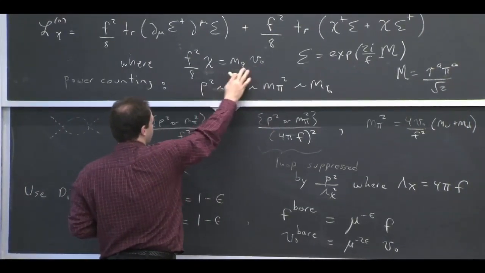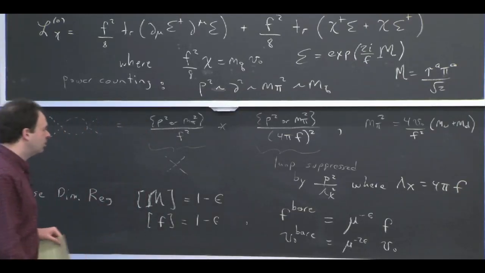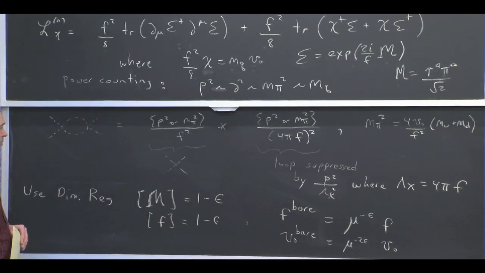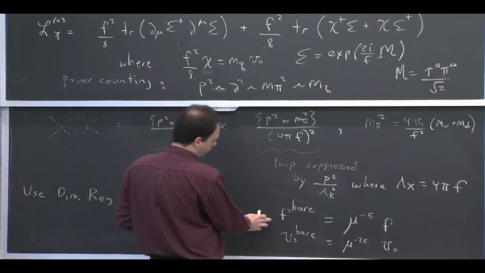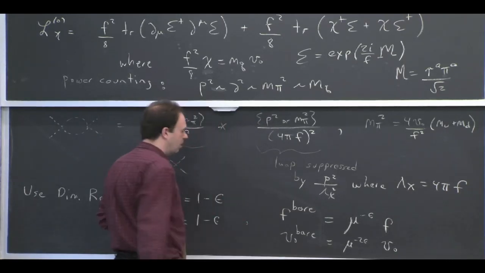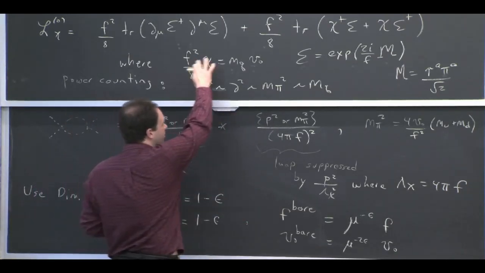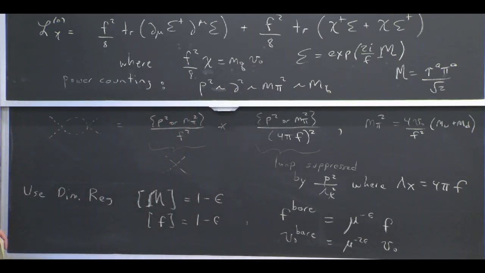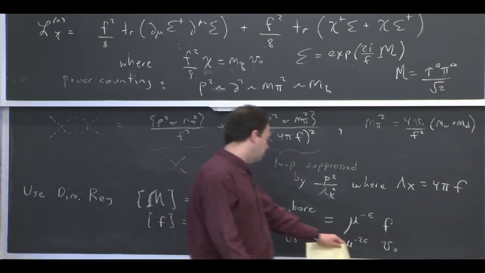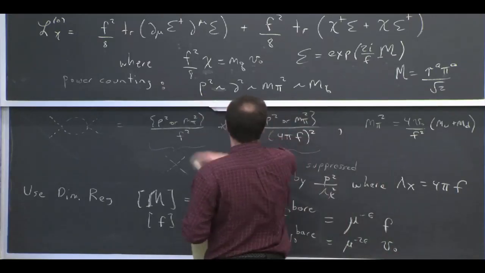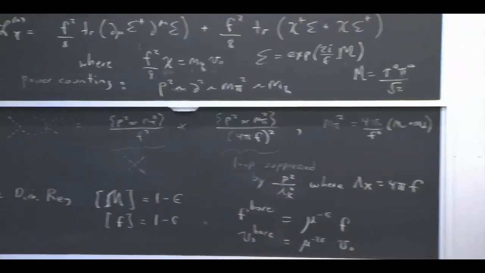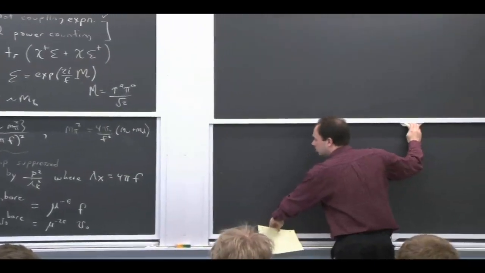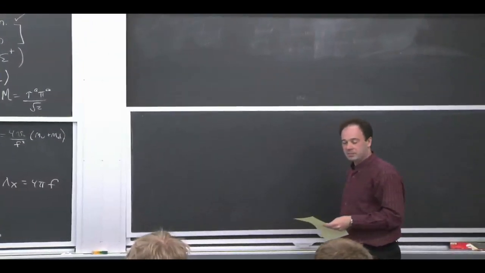Chi is absorbing the parameter along with the m_q, but they're equivalent things. So you can think of also doing a rescaling that gets the dimension of this term right. And the thing that you want is this: that v0 would then be mu to the minus 2 epsilon to compensate for the fact that the first term had f squared and the second term just had a v0. So that's just dimension counting.